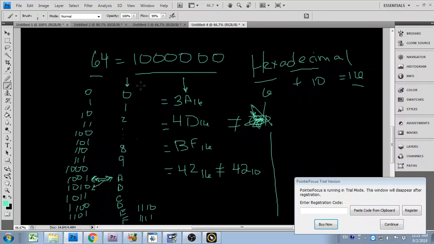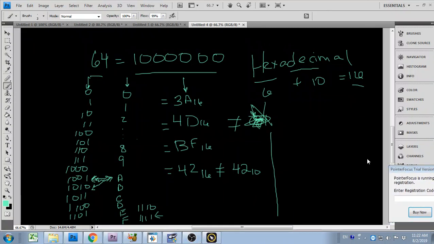These hexadecimal digits in binary are 4 digits. Okay, so notice that F is represented by 4 ones. So that's the largest digit you can have with hexadecimal. And if that doesn't make sense, I can understand it's a little muddy how I explain that. But here's how this is important.